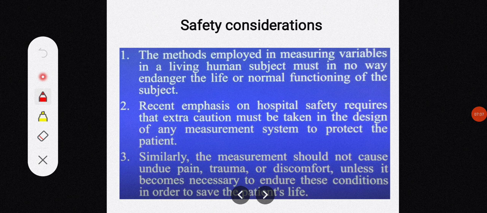Any biomedical engineer devising a biomedical instrument or transducer for measuring a physiological variable inside a human body has to be extra cautious while designing such a measurement system, or methods used in measuring variables in a living body. They have to design it in such a way that it should not endanger the life or normal functioning of the human body.